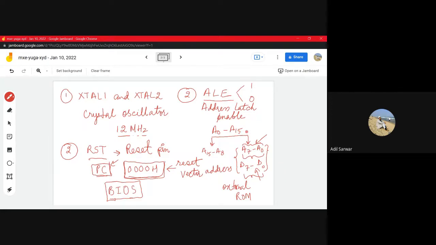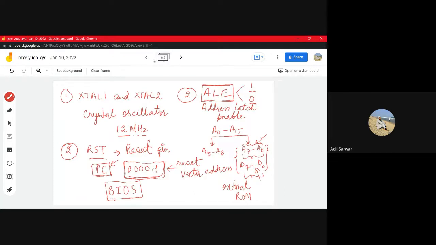Anyway, we will come to this when we do some programming. Right now, you understand that when ALE has value 1, the thing being carried on the pins is the address. And when ALE is 0, the thing being carried on the port 0 pins is the data.